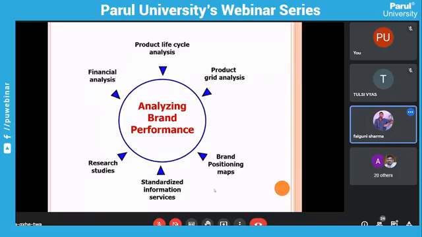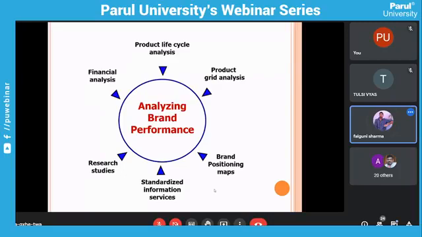So we look out for the pros and cons, and on that basis we are able to develop our positioning: what buyers are looking for and how better we can provide it to them in an improved manner.